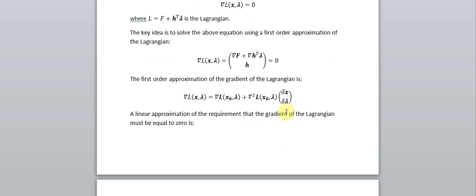Okay, so this is the expression for the gradient of the Lagrangian, which is obtained as a linear approximation of the gradient of the Lagrangian at the initial point, and the Hessian of the Lagrangian times the increments of the design variables and the Lagrange multiplier.